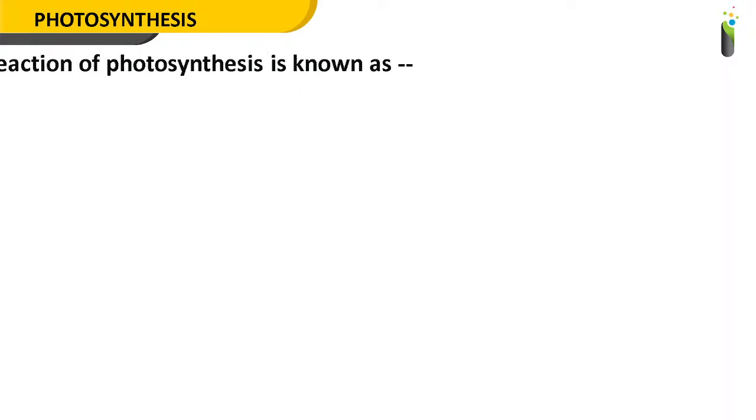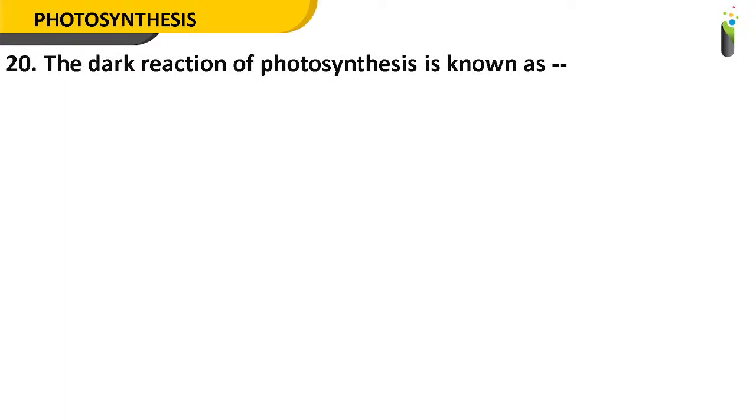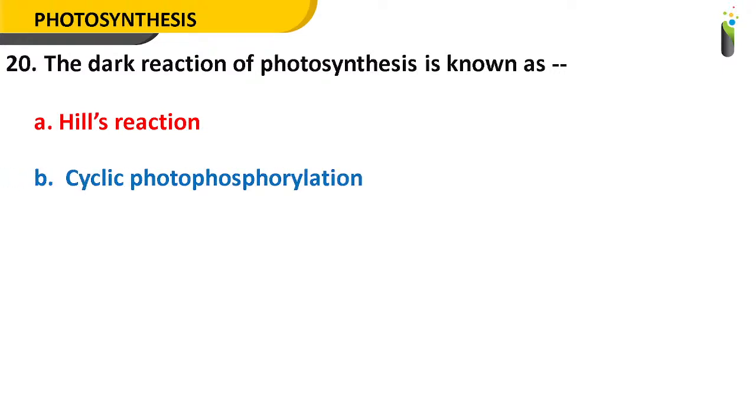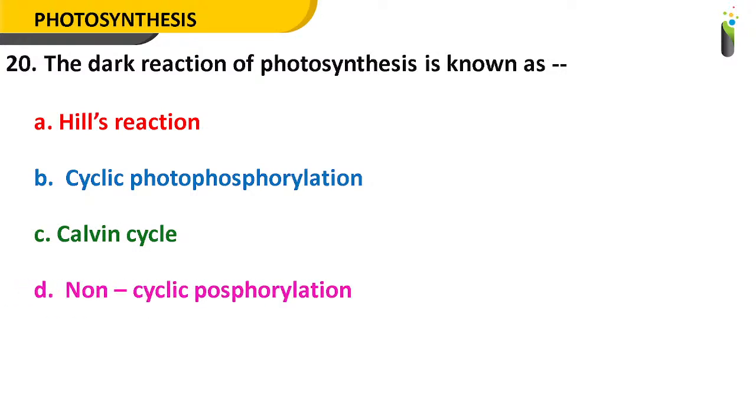Coming to the next question number 20. The dark reaction of photosynthesis is known as dash. A. Hill's reaction. B. Cyclic photophosphorylation. C. Calvin cycle. D. Non-cyclic phosphorylation.